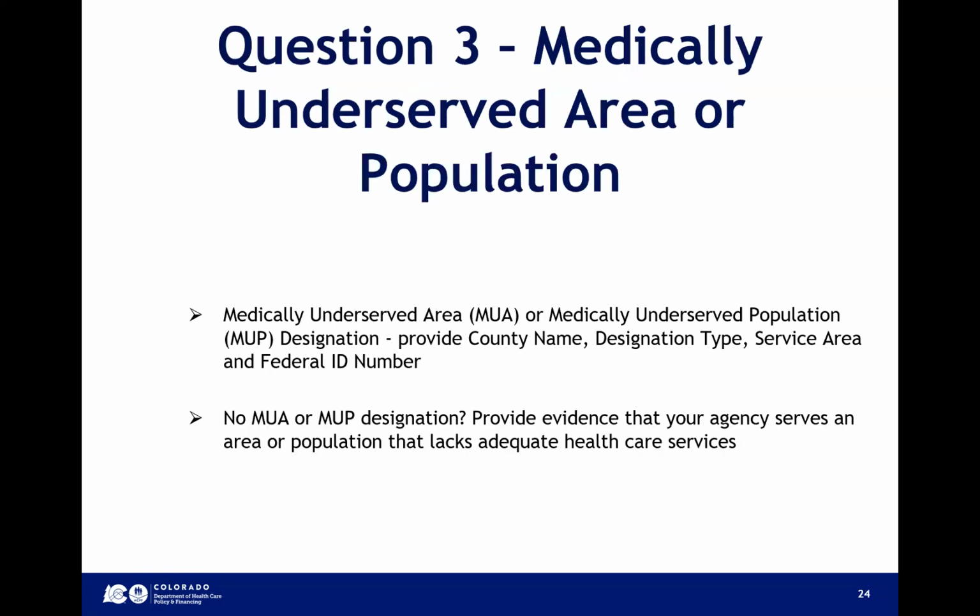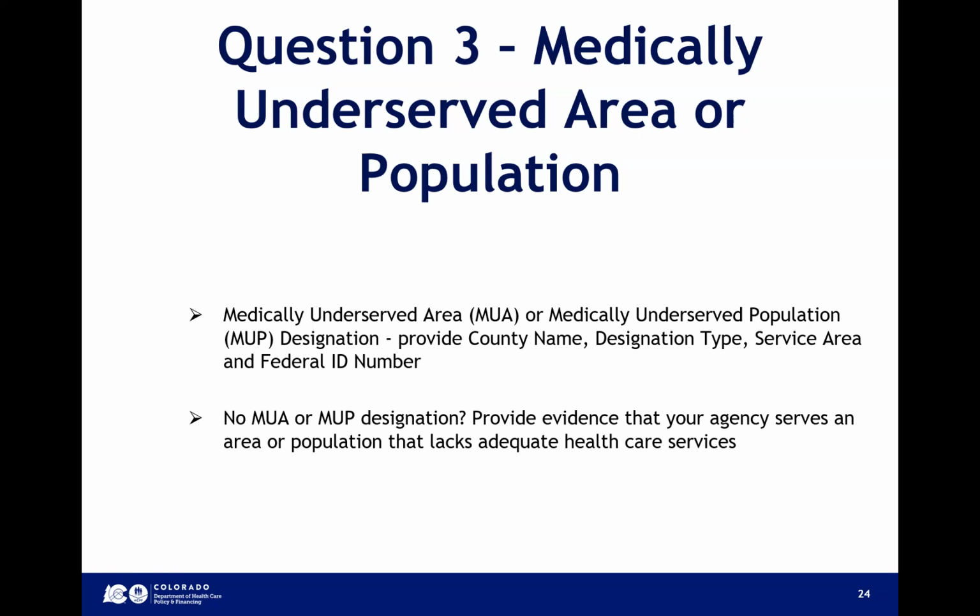Question 3 pertains to medically underserved area or population. If your agency provides service in an area that has a medically underserved area or a medically underserved population designation, you will provide the county name, designation type, service area name, and the federal ID number.